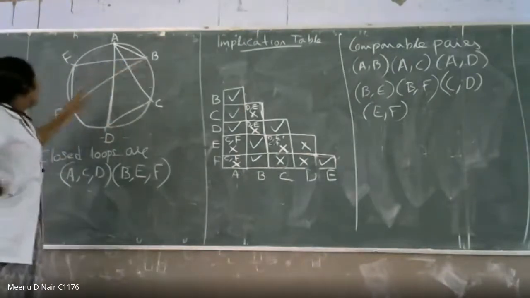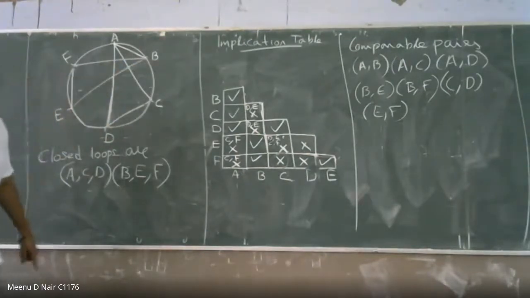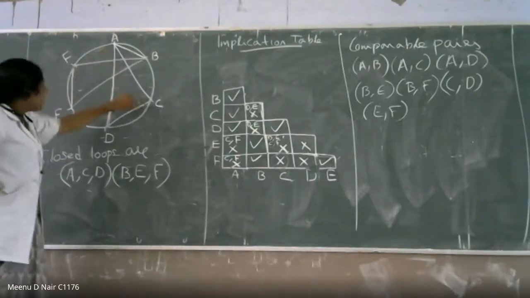Then B, E, F is another closed loop. Okay, you have two closed loops. First one is A, C, D.